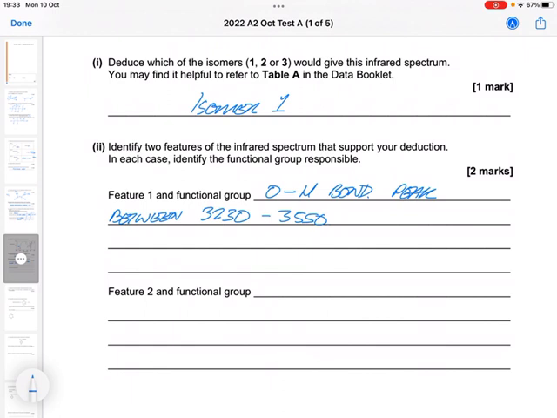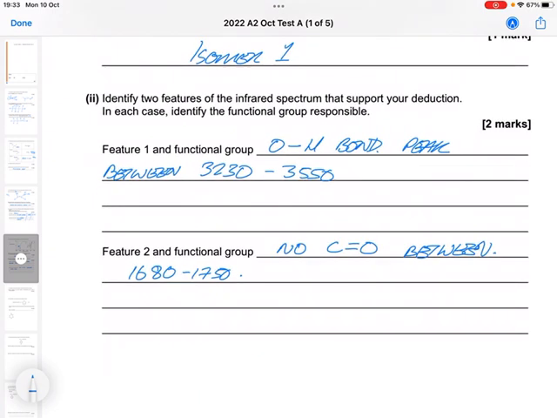There are two others that you could go to. Another obvious one is that in isomer 1 there is no carbon-oxygen double bond, so no carbonyl peak, which we would find, again quoting the data sheet, between 1680 and 1750. And there is a third as well for isomer 1.